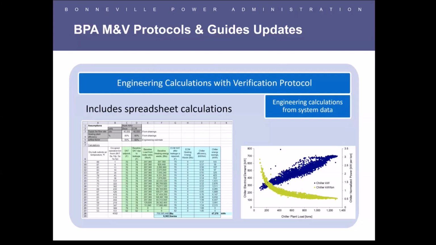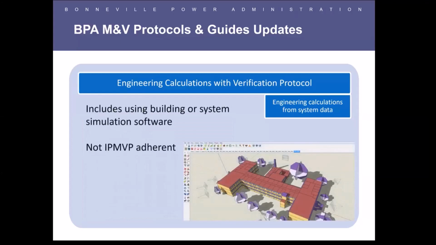This is not an IPMVP adherent approach, but you can use spreadsheet calculations such as hourly or bin weather calculations, or you can use a simulation model of a whole building or a system. Either one of these are engineering calculations.